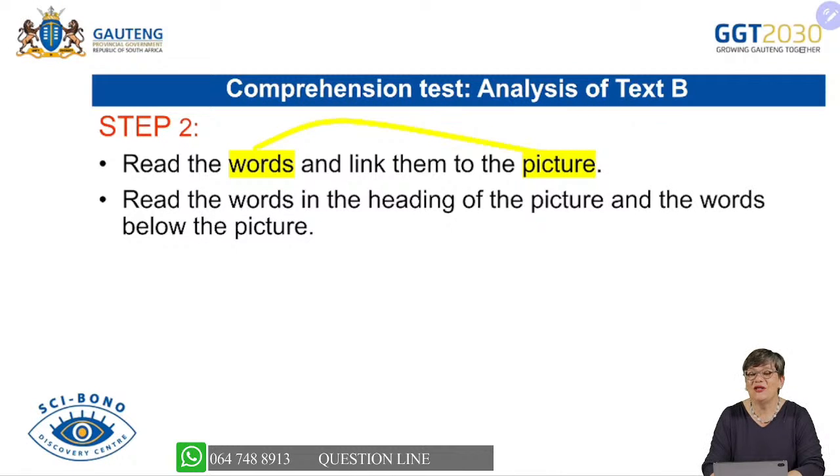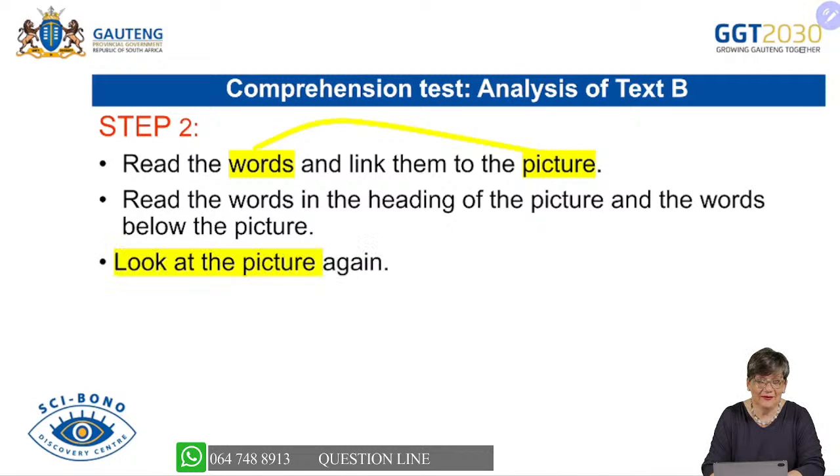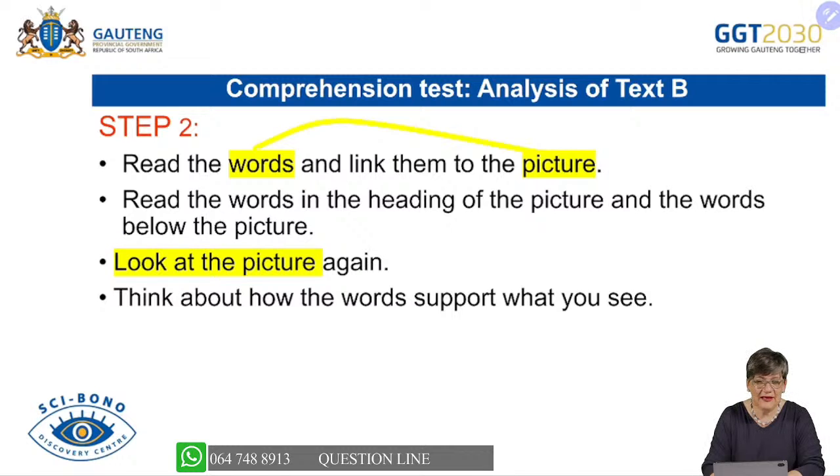And always look at where they placed the words. Sometimes they will place words at certain places to grab your attention or make big words bigger. Be careful for that. Look at your picture again and see how the two fit together. How do the words and the picture connect with each other? Because there must be some kind of connection.